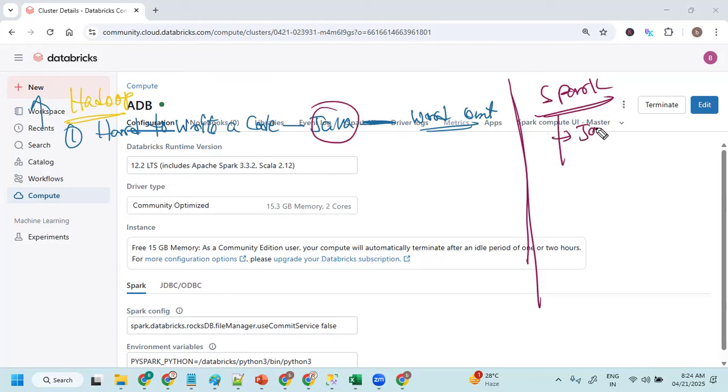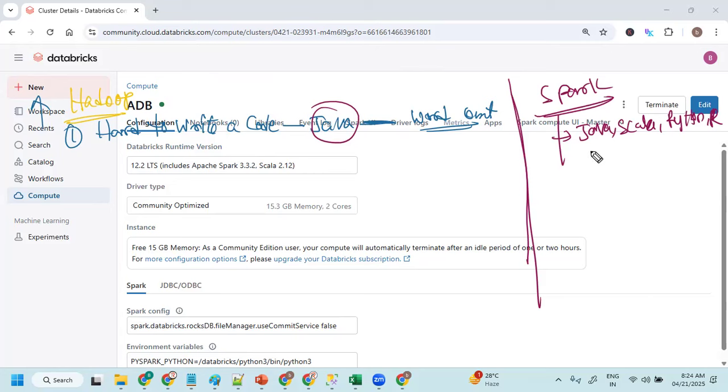You can write Java code, Scala code, Python, and R. So these many languages are supported by Spark. If you're not interested in writing Java, then you can go for these, right?